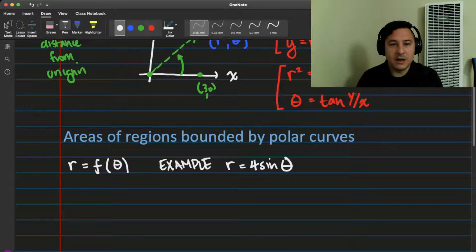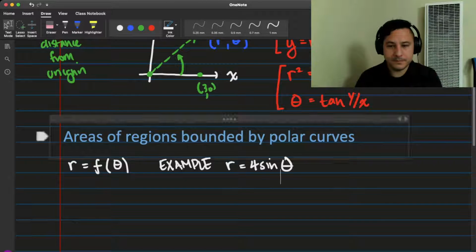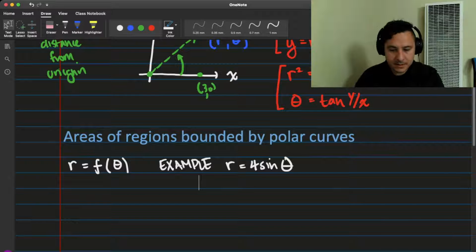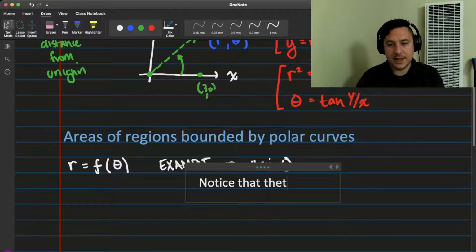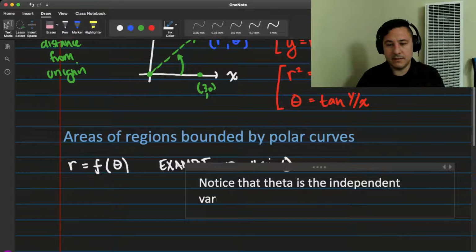Notice that the r variable is given in terms of the angle. So theta is the parameter or the independent variable.